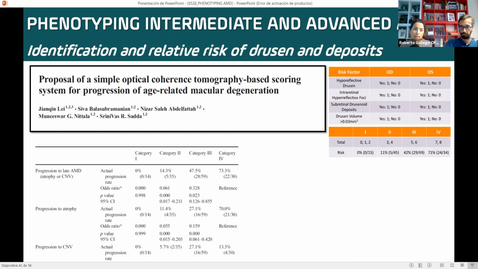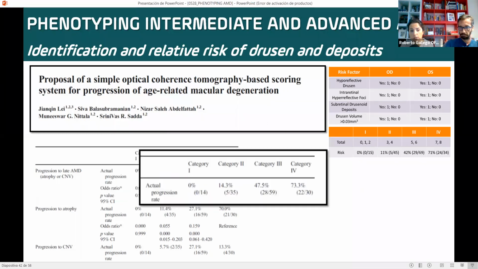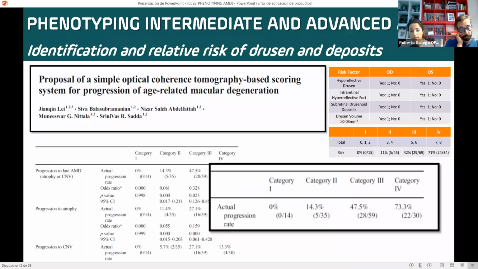And that will lead to the risk of progression into advanced forms of AMD in just 1 year. So I think the difference between having 0 points is amazing compared to having all these features in both eyes. So you are moving from 0% of progression into atrophy or neovascularization in 1 year to 73% of risk.